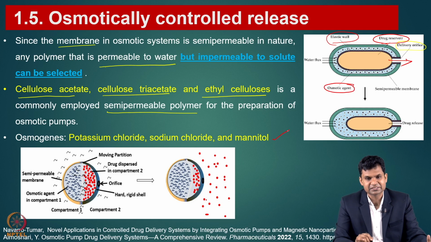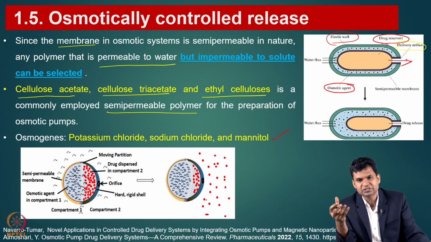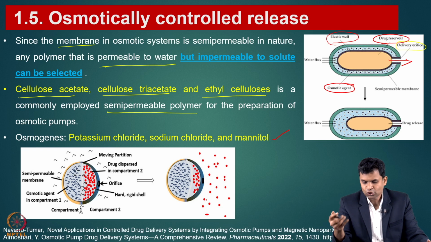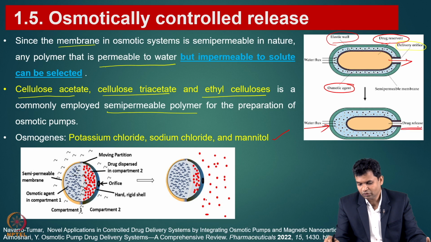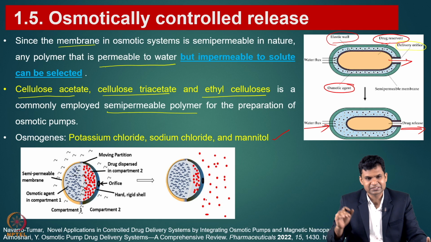These are the examples: potassium chloride, sodium chloride, mannitol are the most commonly used osmogens which will induce the osmotic pressure in the system. So, after administration the water will enter the osmogenic area and that will induce the pressure, and your drug will be released out into the required medium or the biological site.